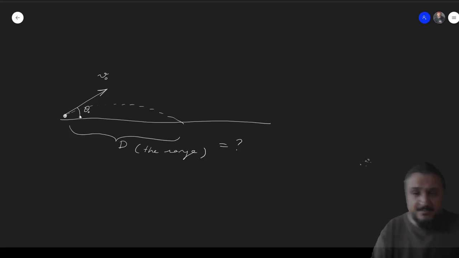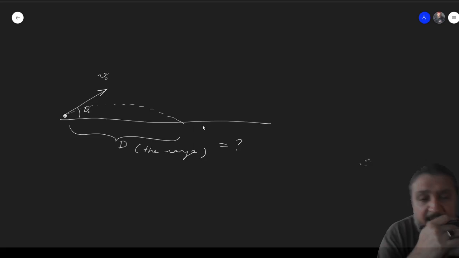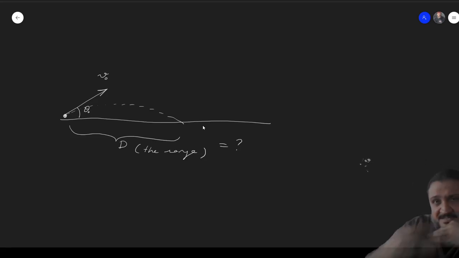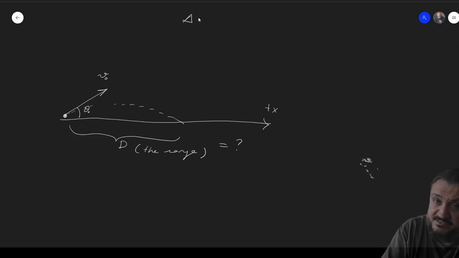So this problem of finding the range. How am I going to do that? Now, d corresponds to a displacement along the x direction. And among the 6 formulas I have, there's only one that has delta x in it, which is delta x equals v0 x t.